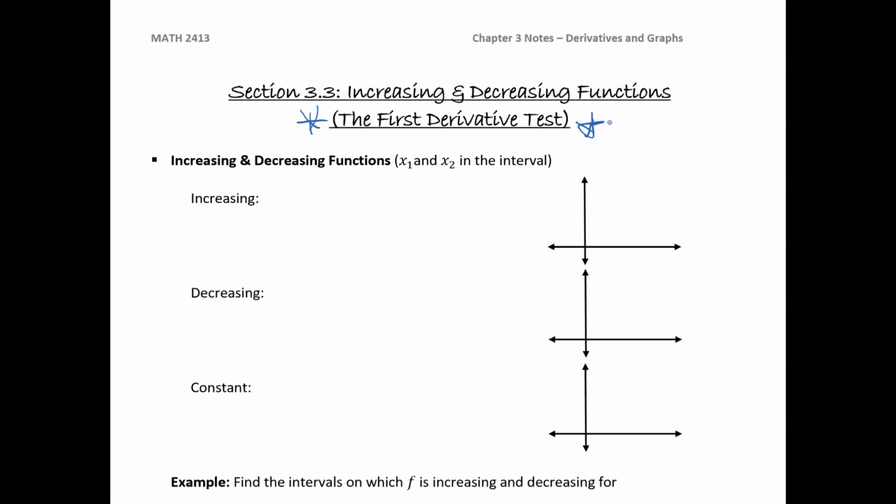First, let's look at this. Increasing and decreasing functions: we're talking about an x1 and x2 that are in the interval. If I have an increasing function, that would mean that x1 is less than x2, so your x's are getting larger, then f of x1 is less than f of x2, so your y values are getting larger.